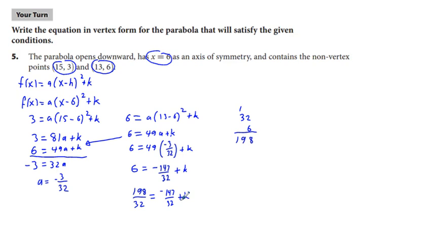So if we add 147 to both sides, we're going to get 339 over 32 is equal to k.